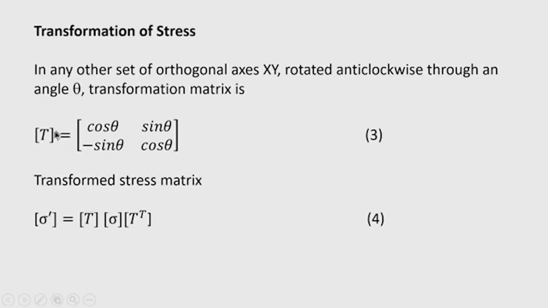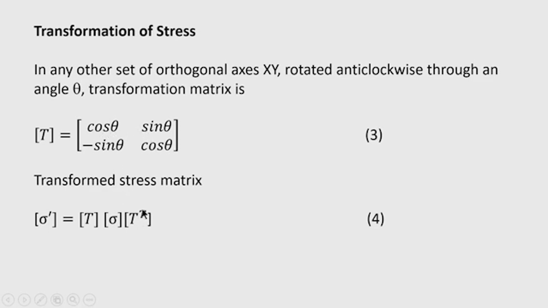Here the transformation matrix that I show is 2 by 2, that is cos theta, sin theta, minus sin theta, cos theta. Using this transformation matrix, the transformed stress can be written as the product of 3 matrices. What are the 3 matrices? The first matrix is the transformation matrix T, the second matrix is sigma, the original stress matrix, and the third matrix is the transpose of the transformation matrix.